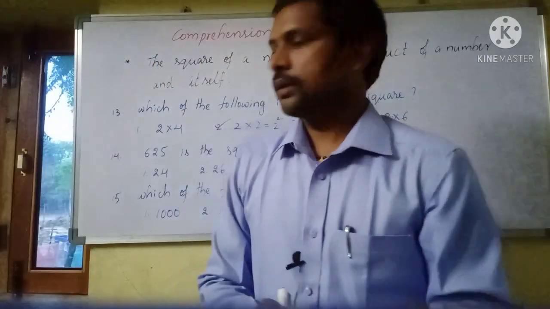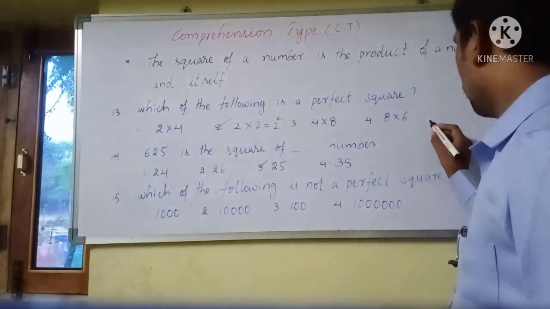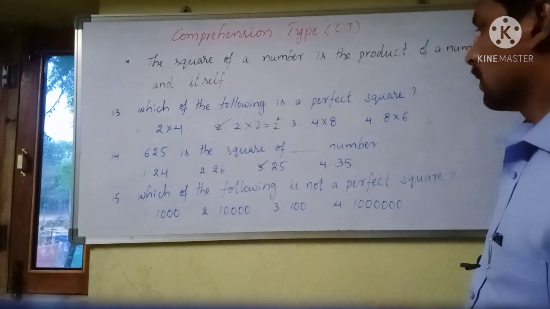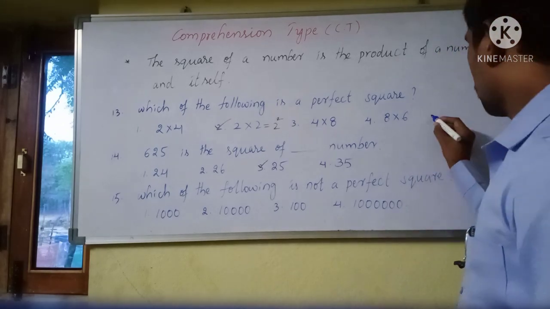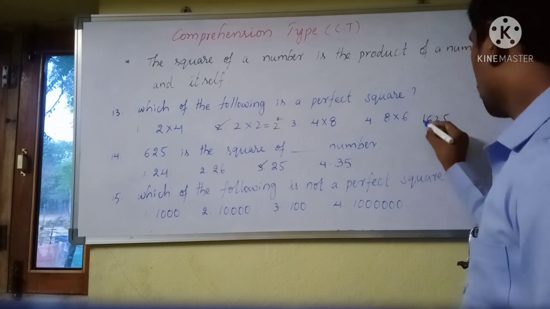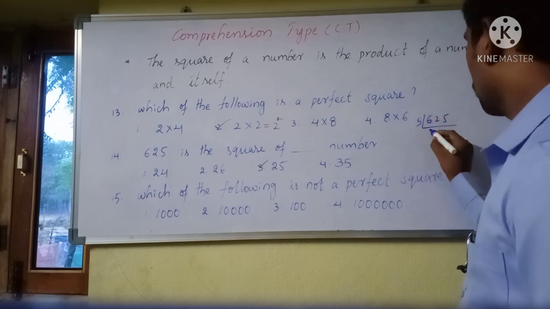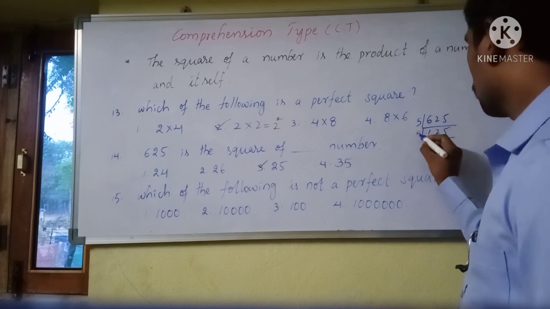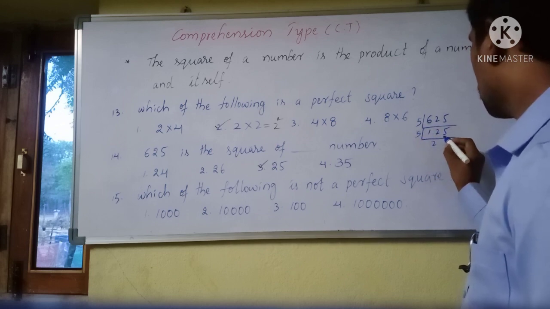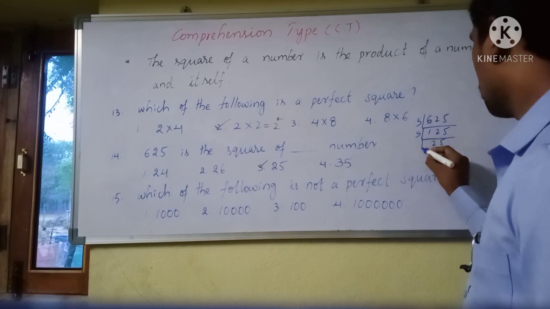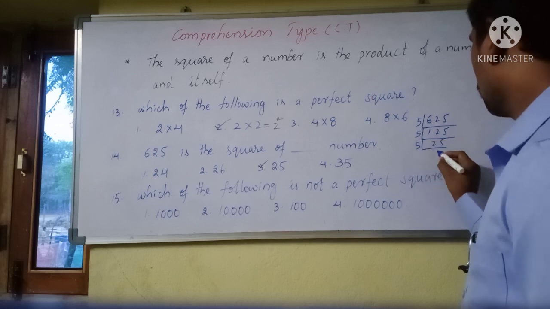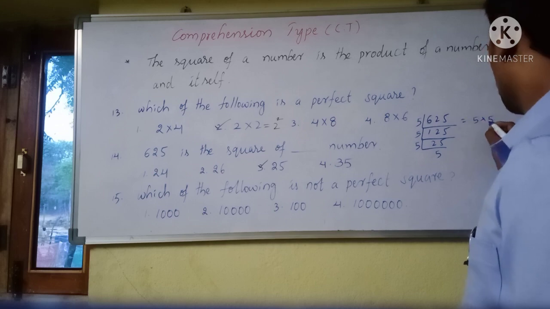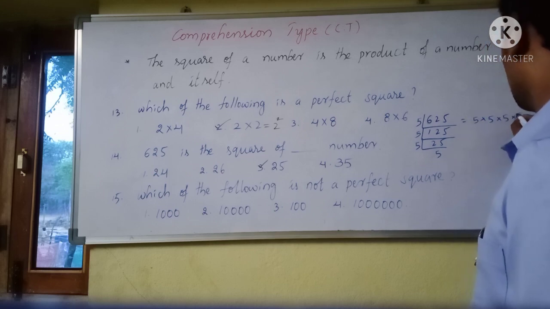Otherwise you can find it by dividing 625: we can divide by 5, 5 ones are 5, 5 twos are 10, 5 fives are 25, then again 5 fives are 25. So if you write 5 into 5 into 5 into 5.